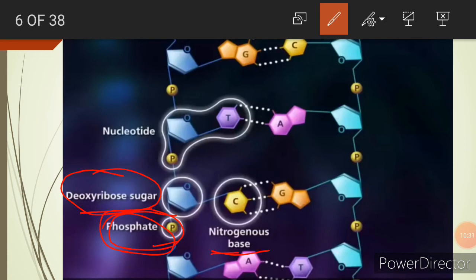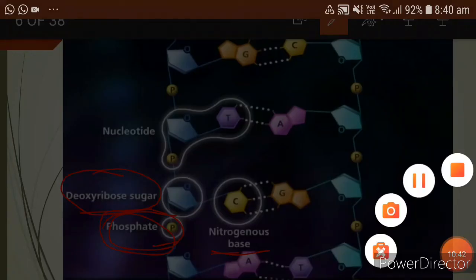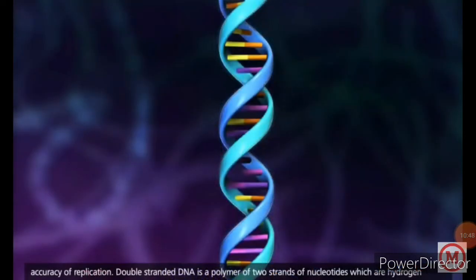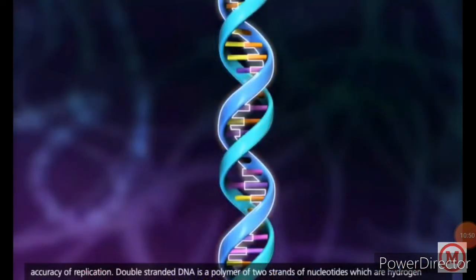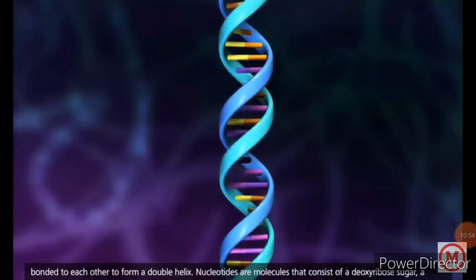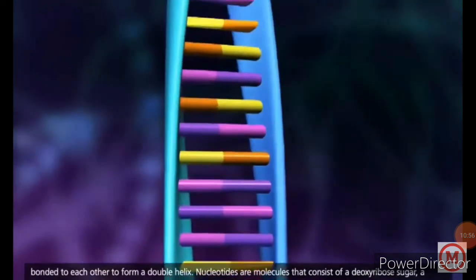Here I want to show you a 3D animation about the structure of DNA. The double helical structure of DNA is a polymer of two strands of nucleotides, which are hydrogen bonded to each other to form a double helix.